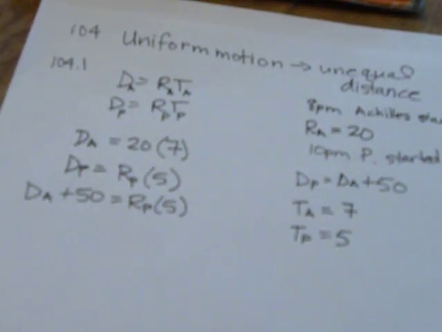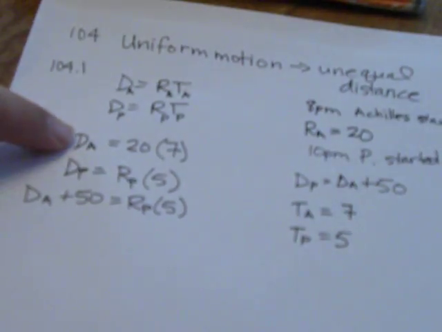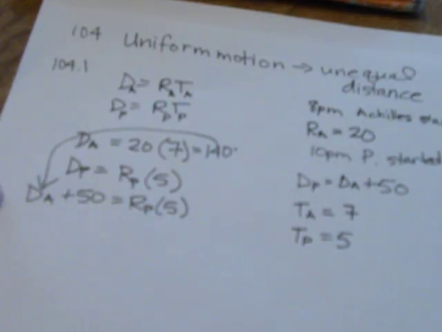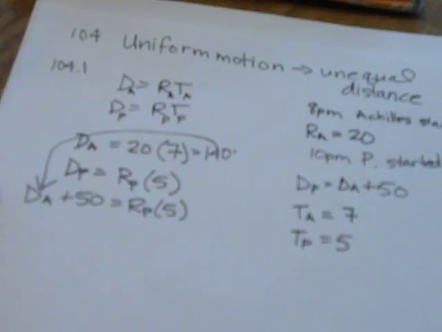There's one more piece we can figure out, and that's the distance of Achilles. Since the distance of Achilles is 20 times 7, we know that's 140. So we can plug that in over here. 140 plus 50 is 190, which equals the rate of Patroclus times 5.